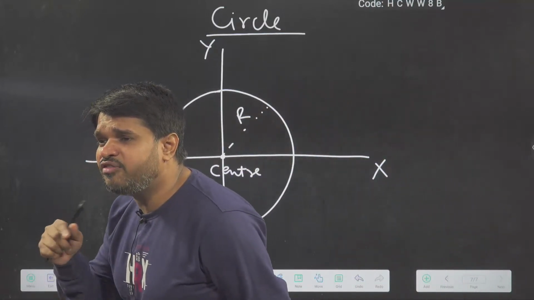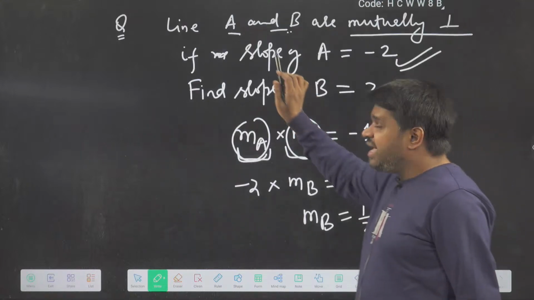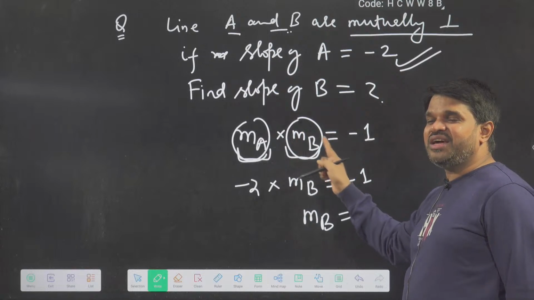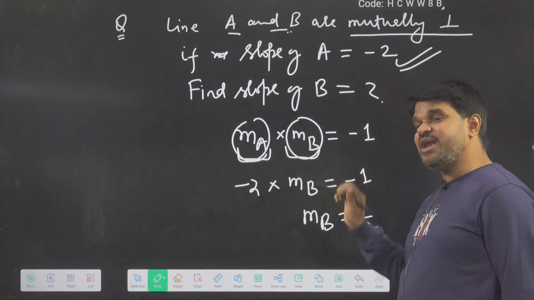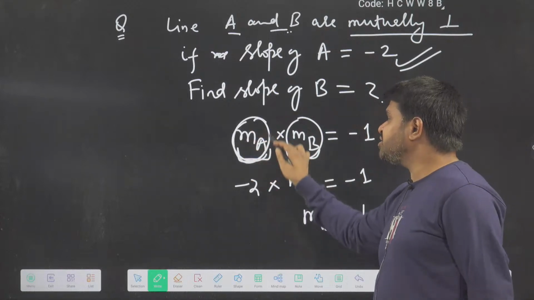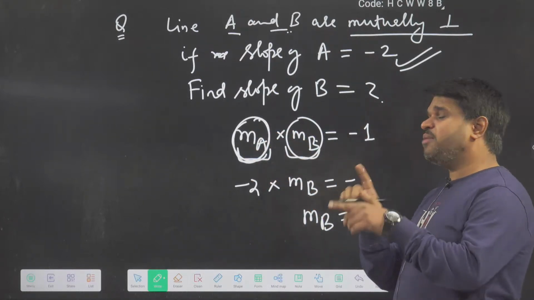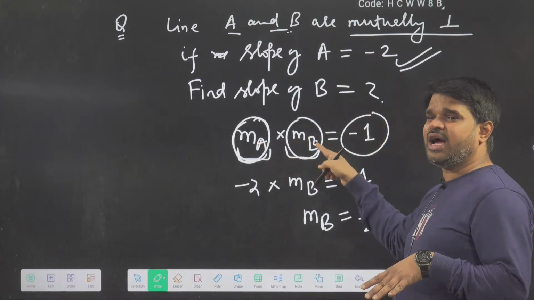Let me repeat the previous statement. If two lines are perpendicular, the product of their slopes is minus 1. So if one has a positive slope, the other must have a negative slope. Why? Multiplication of two numbers can be negative if one is positive and the other one is what?